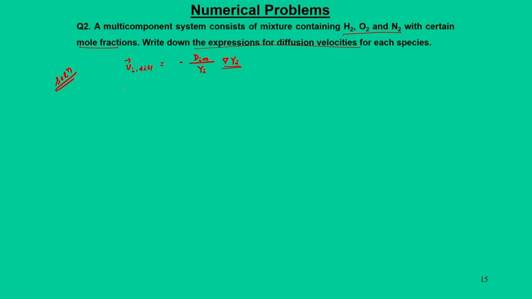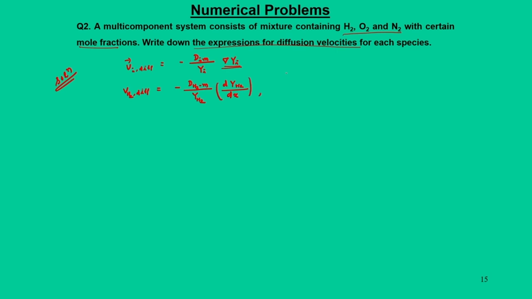If you write this for H2, V H2 diffusion is minus D H2 m divided by the mole fraction of H2, d Y H2 divided by dx.